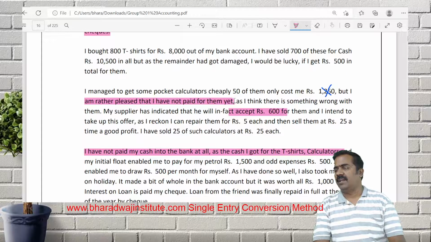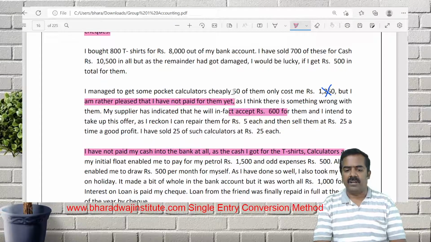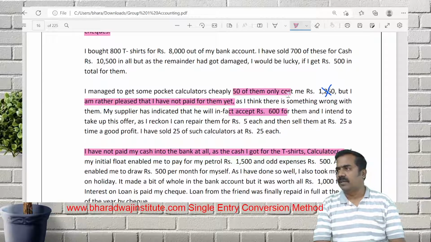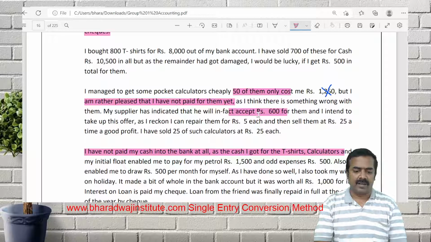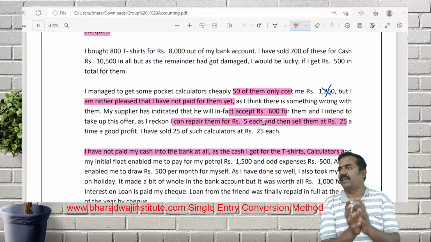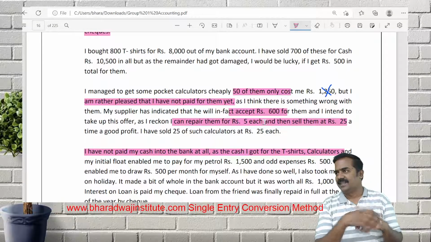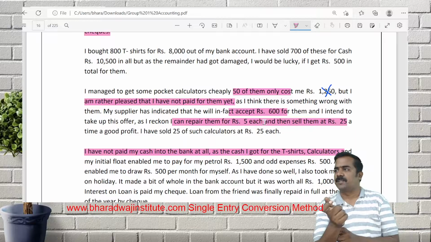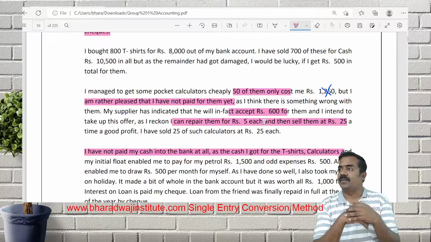Which means I have not paid for the calculator to the supplier. But anyhow, he has to repair them at what? 5 rupees each and sells them for 25 rupees. So first you have to do the repair of all the calculators, then only you can sell it. We have sold only 25, if we take repair expense only for that, what about the remaining 25 calculators?